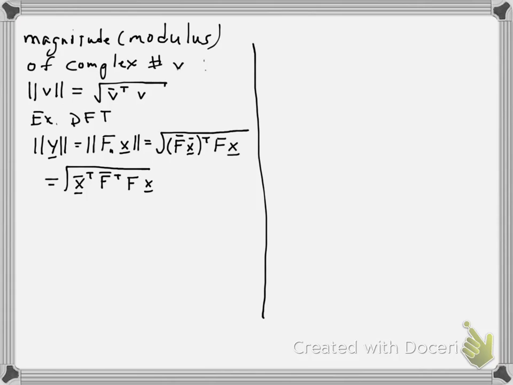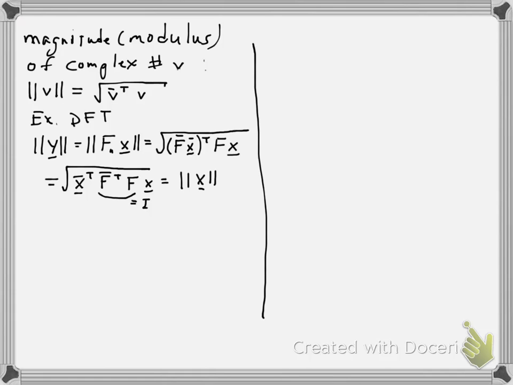And so now if we group the F conjugate transpose and F, what is that? Of course, this part here is equal to I, and so we get that this is equal to, well, the magnitude of x. And so what does this mean?